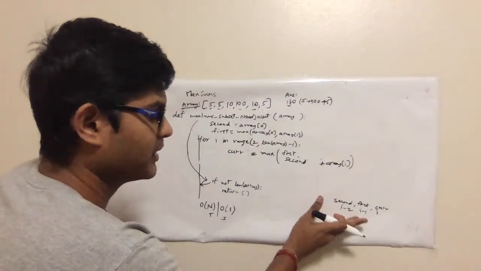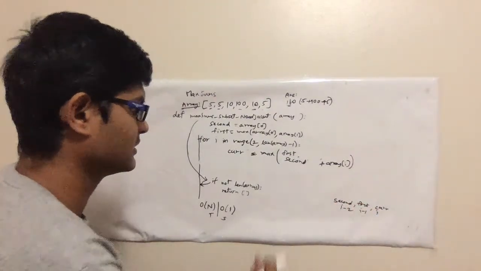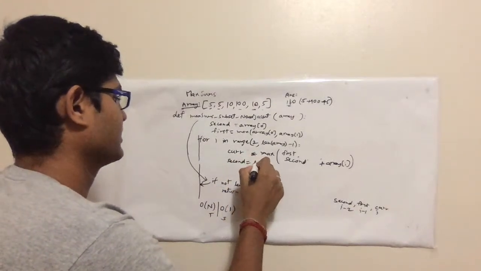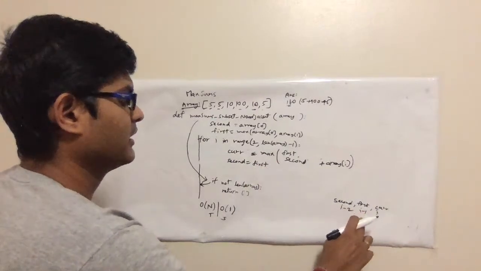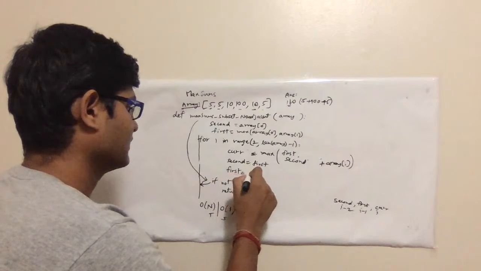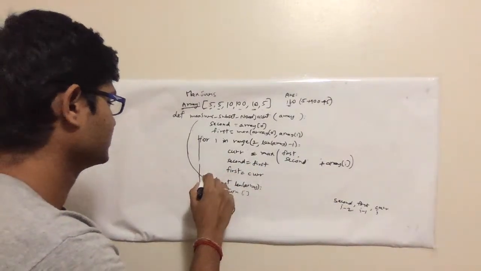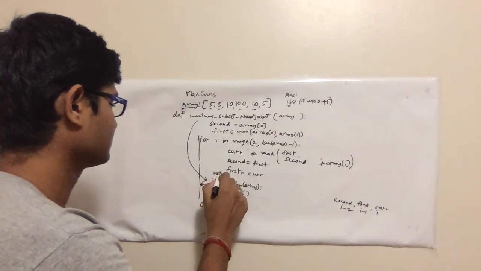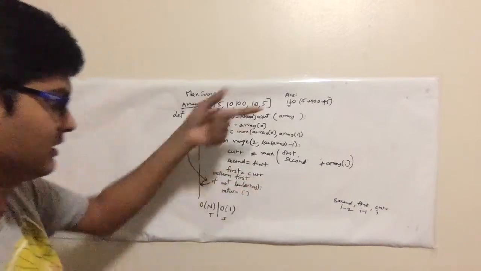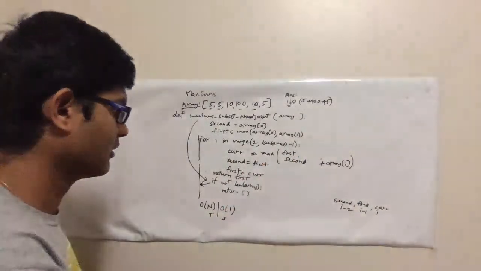If we are updating and moving forward, the second will become the first, and the current will be stored in the first. So we can just return first as the answer. We are not storing anything, so it would be big O of 1.